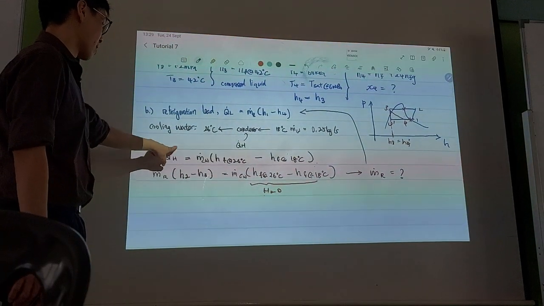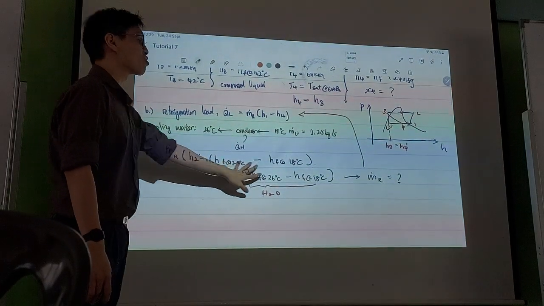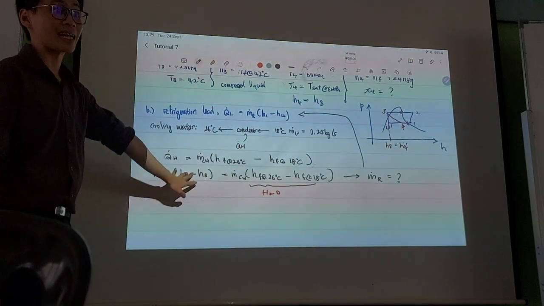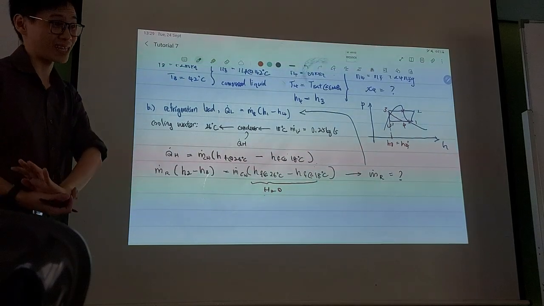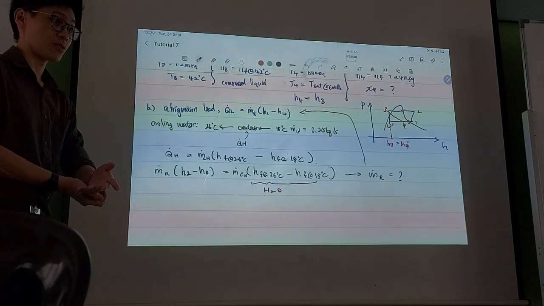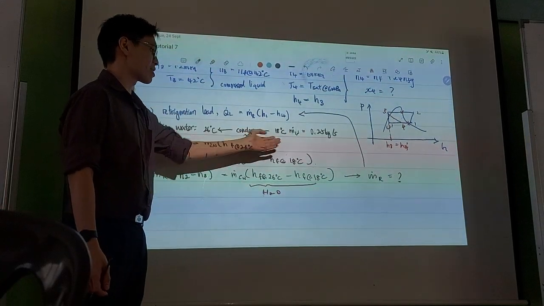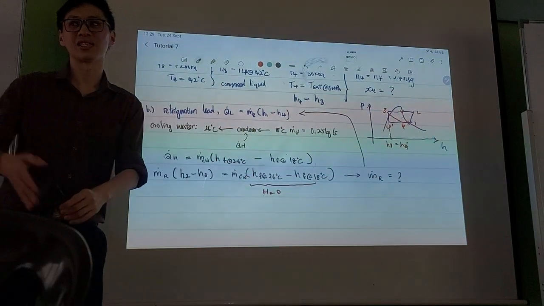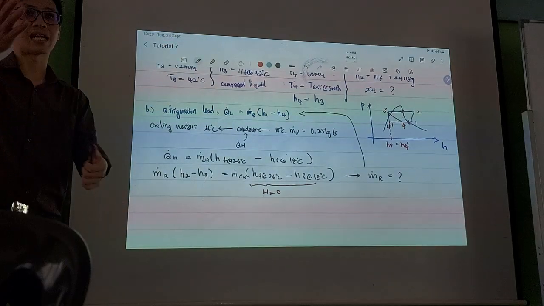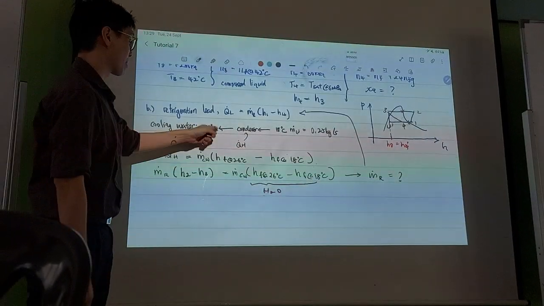So this is the heat from the cycle equals to... Usually we will do MC delta T, but for water we usually don't use MC delta T. Instead, we use m delta h. Water at 18 degrees Celsius, this cooling water, you can imagine it as just normal water. Normal liquid water is always compressed liquid, same as the previous one.